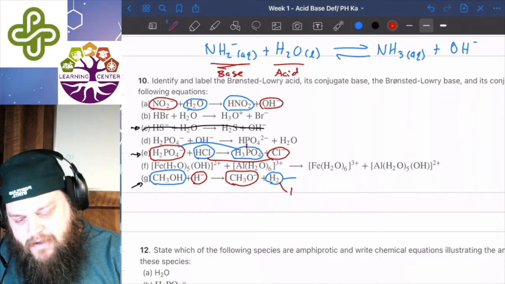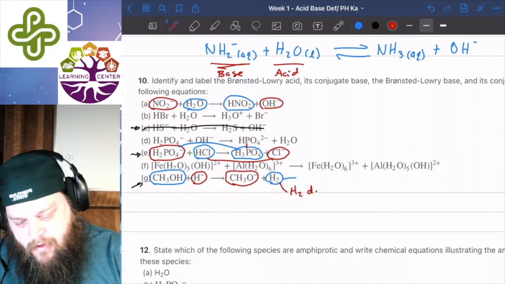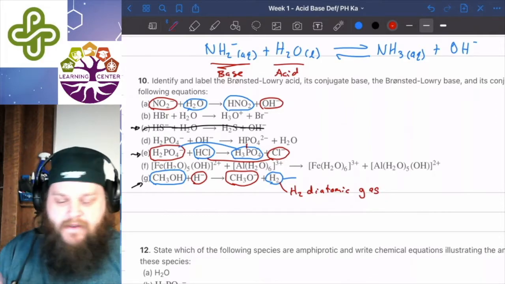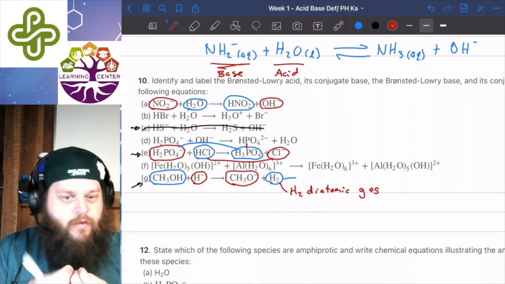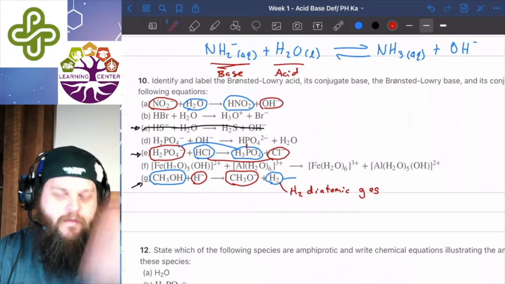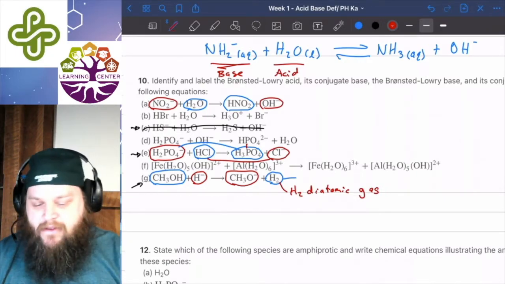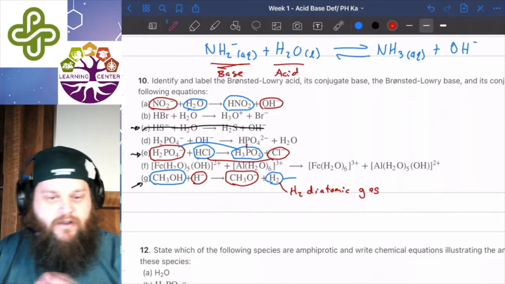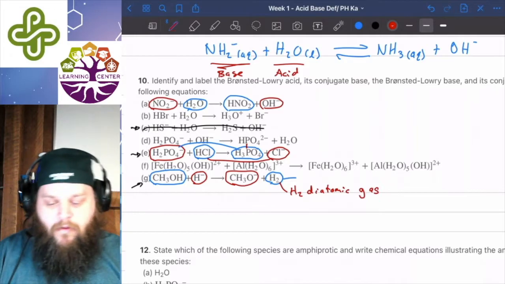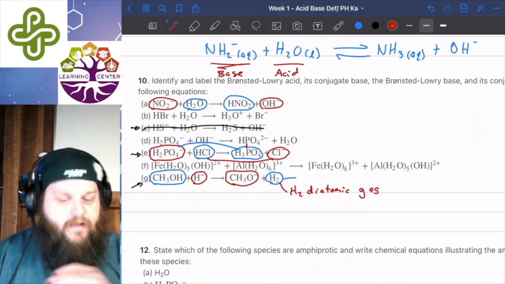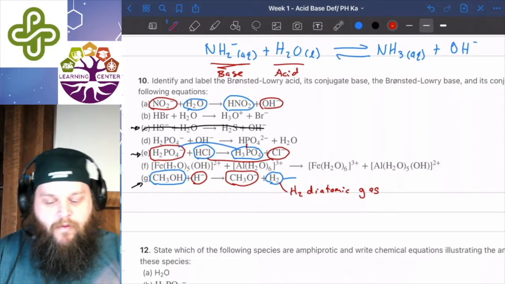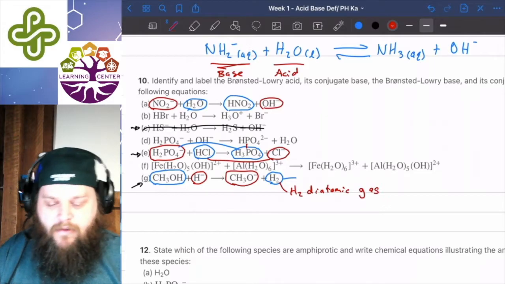The main reason is H2 is one of your diatomic molecules, and it's a gas. Which means if you were to mix these together and you start producing H2 in your liquid, it's going to start bubbling out. And as it bubbles out, you're removing your product from the reaction. So Le Chatelier's principle says we're going to push that whole reaction to the product side. So it's going to drive this reaction to completion, and you're never really going to get into a state of equilibrium because you're removing this gas from the reaction as you go along.